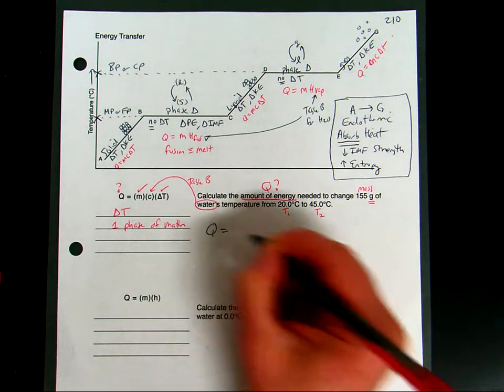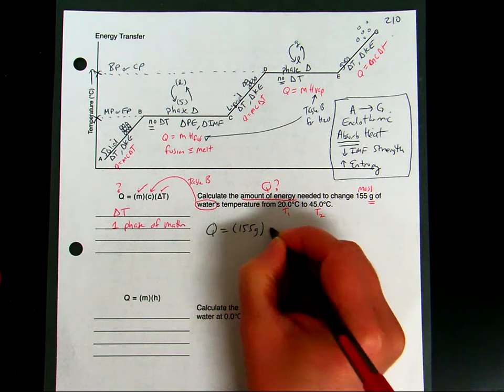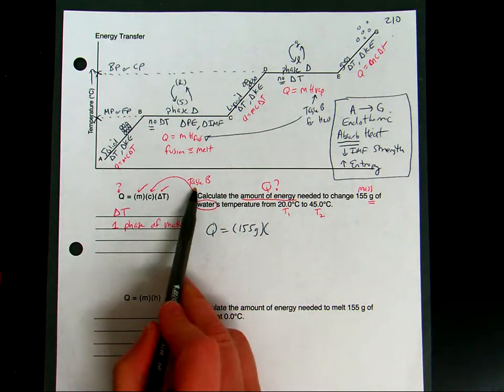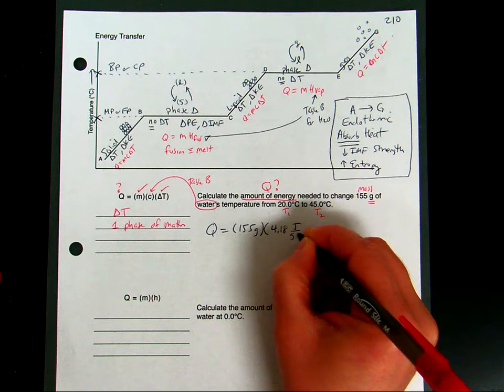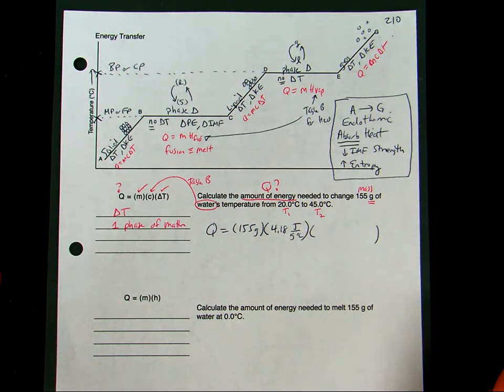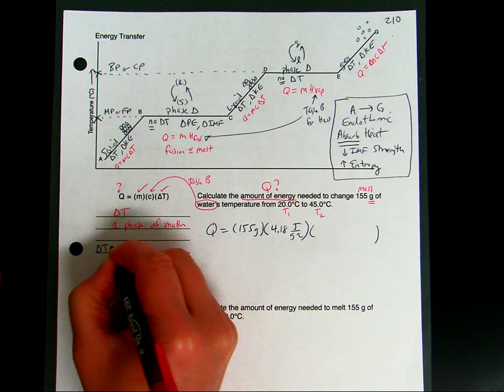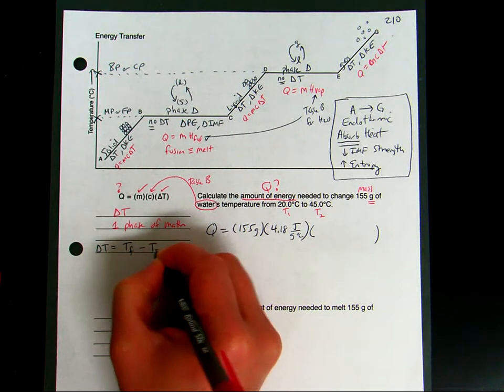So Q equals, for M, we'll put in 155 grams. For C, we'll look at table B, and it's 4.18 joules per gram degrees Celsius. And now we'll show our work for delta T. And remember, delta T always equals temperature final minus temperature initial.